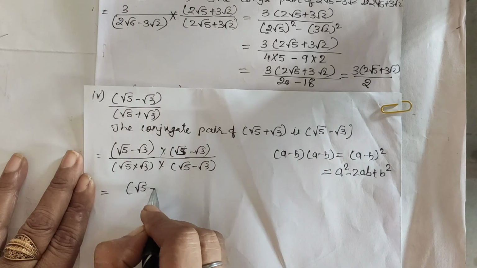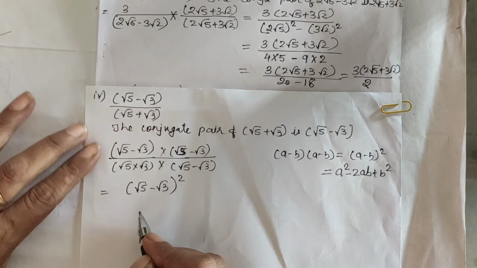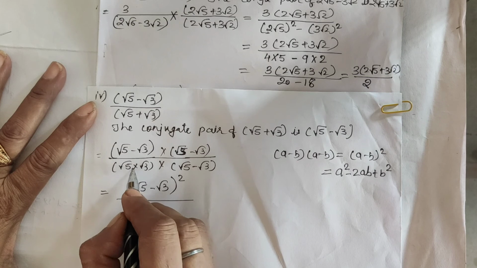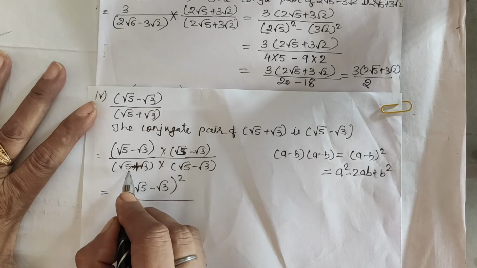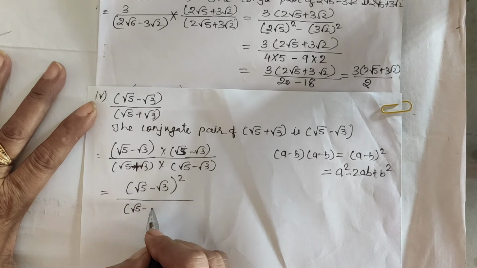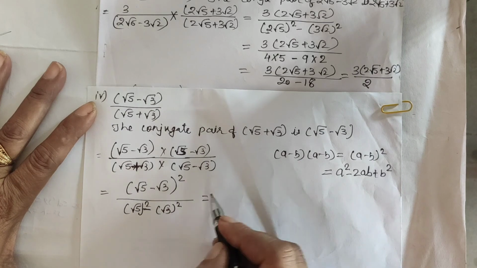So root 5 minus root 3 whole square upon, now see children, your denominator is of which type? Here it is plus. Okay, so it is A plus B, A minus B, so it becomes A square minus B square. Okay, now simplify.